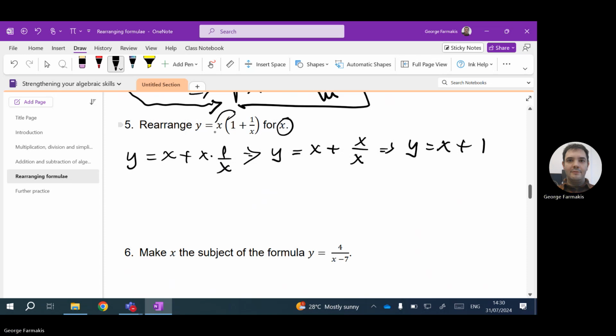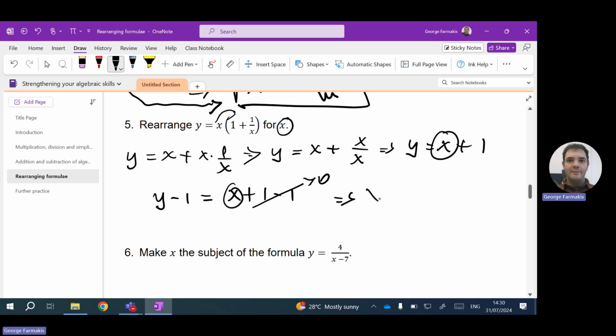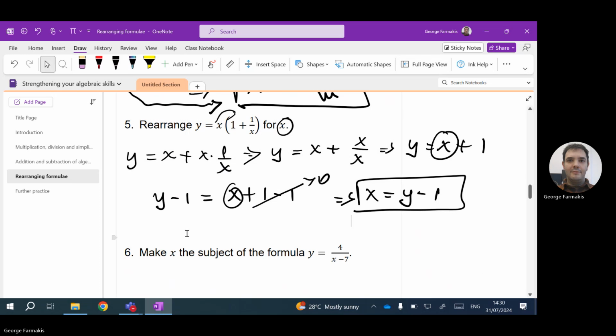And then I just need to rearrange for x. So let me get rid of the 1 first. So I subtract 1 from both sides. This will give me 0. So I end up with just x only equals y minus 1.